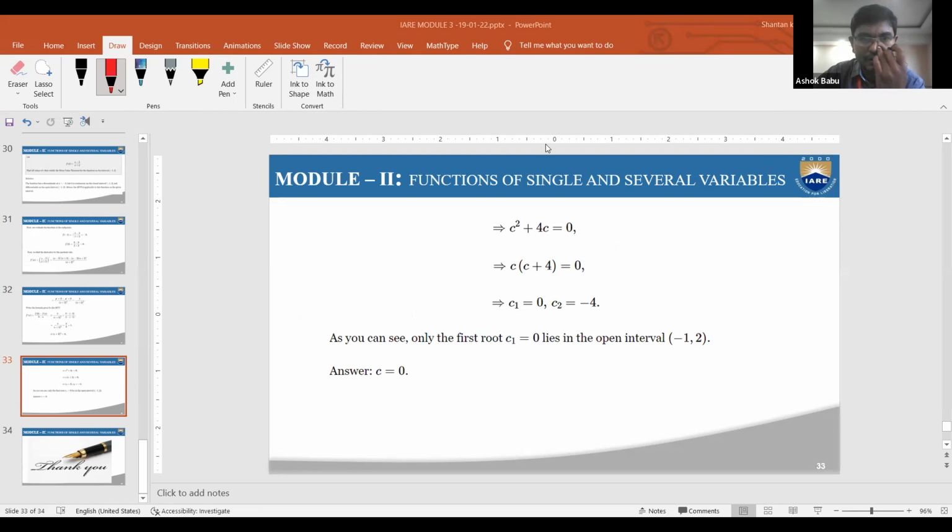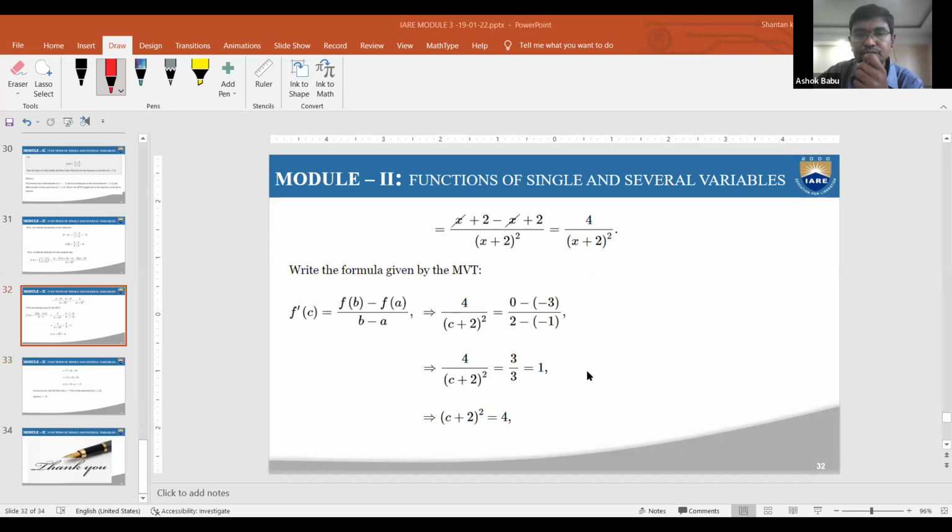Correct? Someone said a wrong solution earlier. I think one person said something wrong in the solution. Whoever said the wrong solution, try to observe where you made that mistake. I hope you understand Lagrange's mean value theorem.